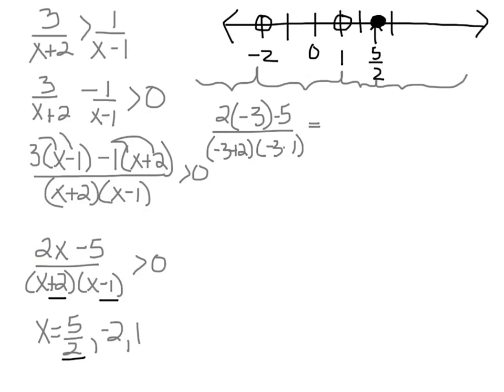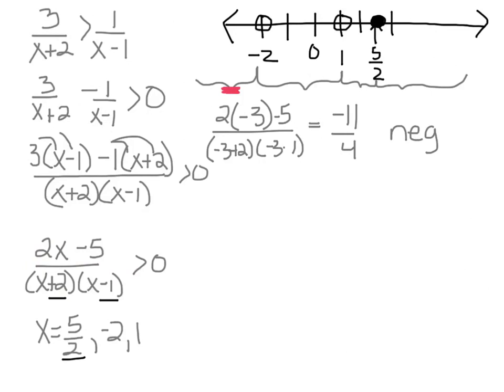That gives you -11 on the top, +4 on the bottom. That means it's negative in that interval. So let's use some color here, and we'll put a big minus sign right here, because it's negative in that interval.